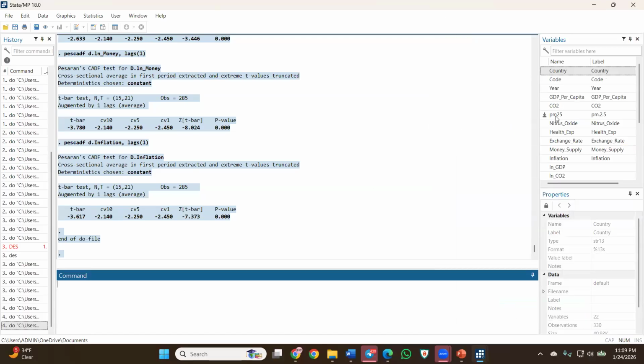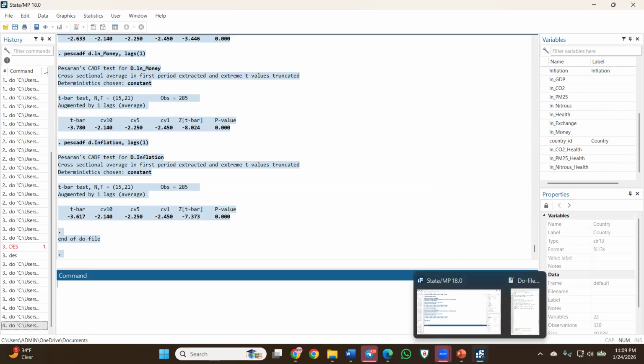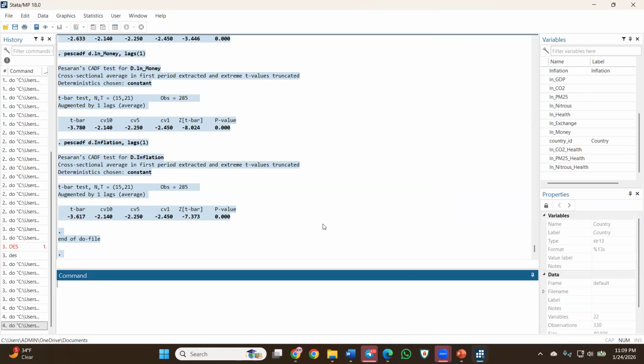You have to set the panel time, the panel we set earlier. If you do not run that, your models will not work. So always use the XT.